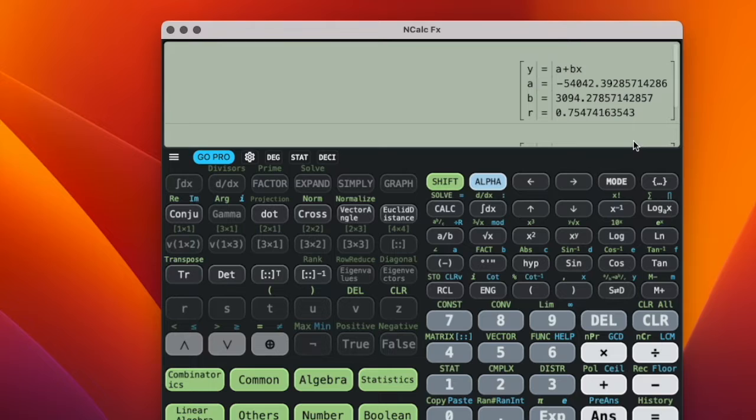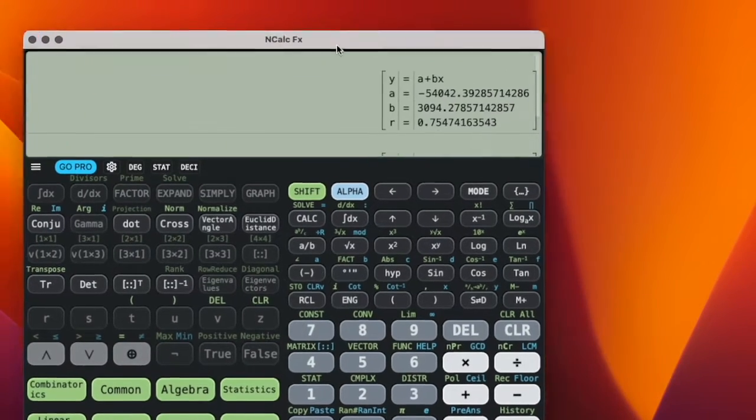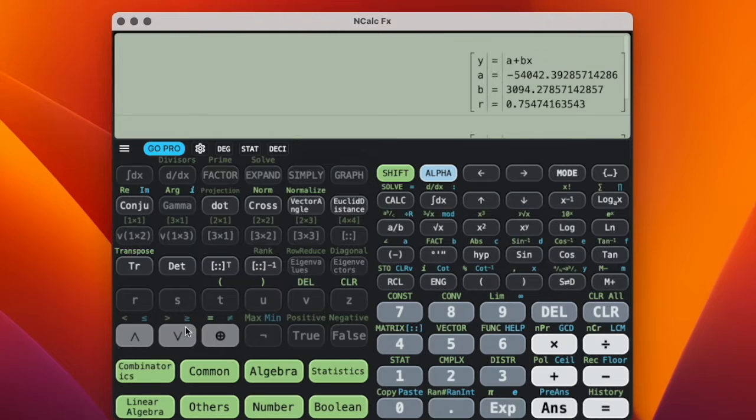We got A as negative 54042 and B as 3094. For 3 significant figures, this becomes negative 5400 and B will be 3090.